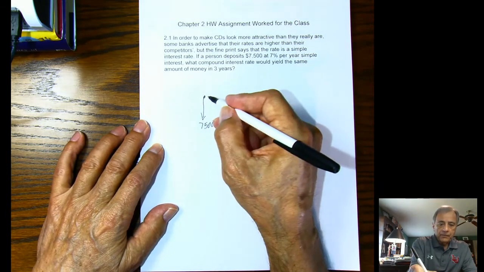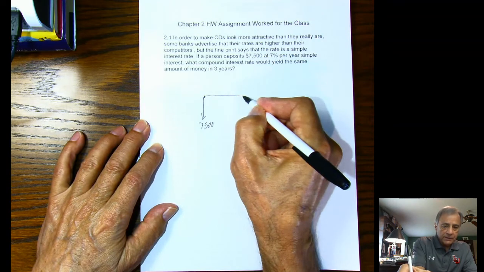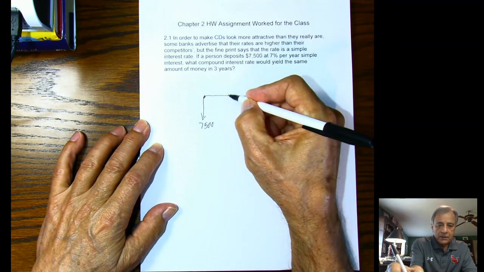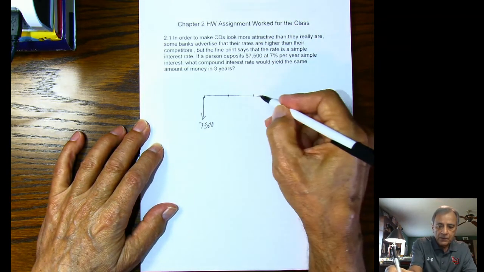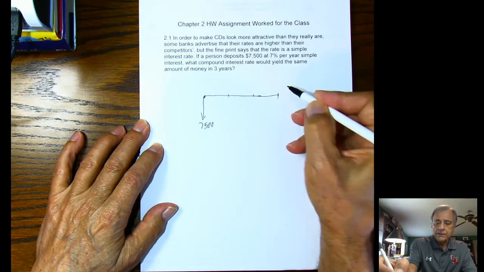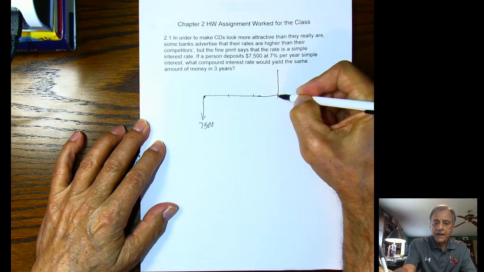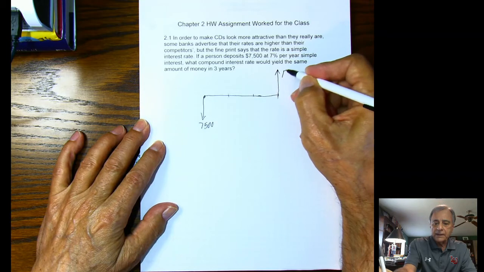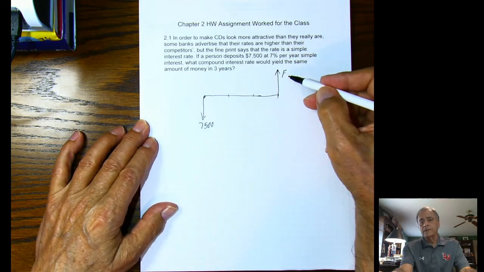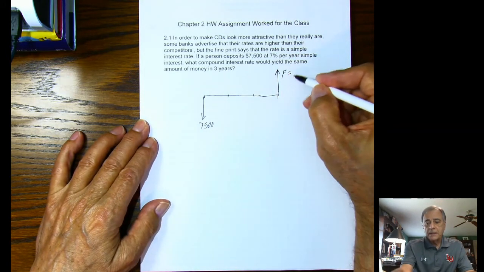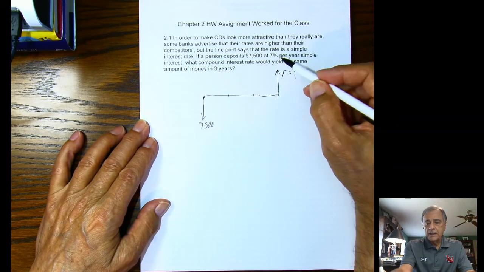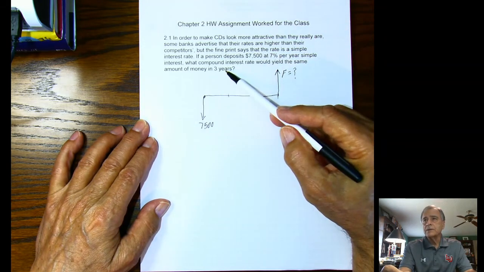And then after 3 years, say 1, 2, 3 years, you'll get some future value, which we can calculate. That future value will be obtained at 7% interest for 3 years.